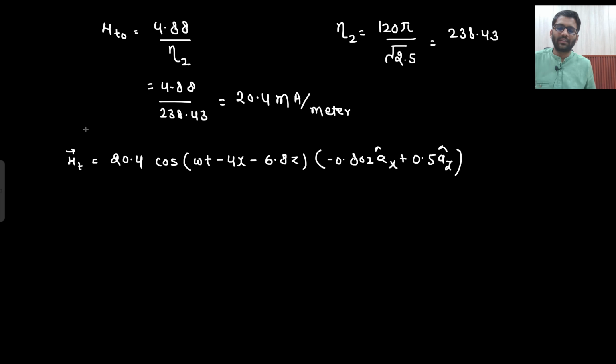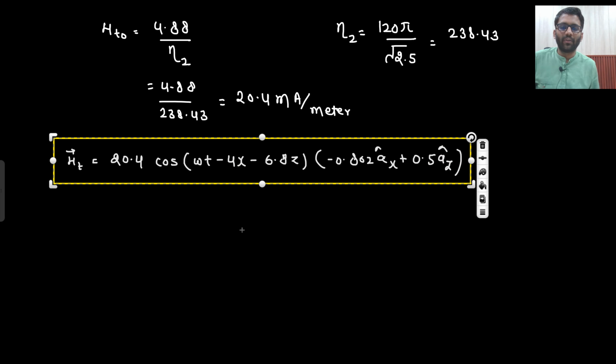Okay, so this is how the answer could be mentioned, or they can multiply 20.4 inside as well. Basically, that is how they can mention the answer.